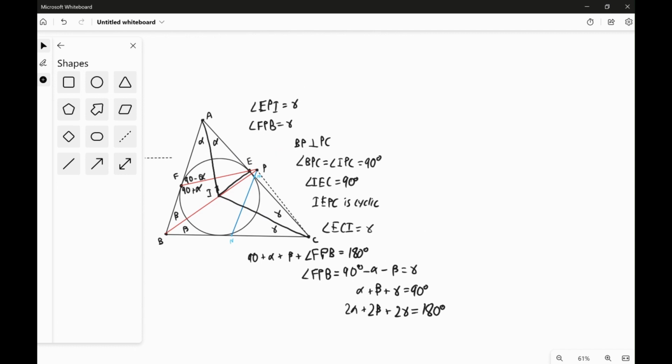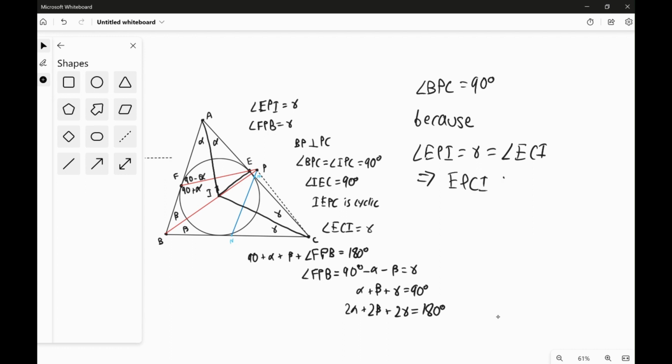So it turns out that angle BPC is equal to 90 degrees because angle EPI is equal to gamma, which is equal to angle ECI, which implies that EPCI is cyclic, and then that implies that angle BPC is equal to angle IEC, which is 90 degrees.